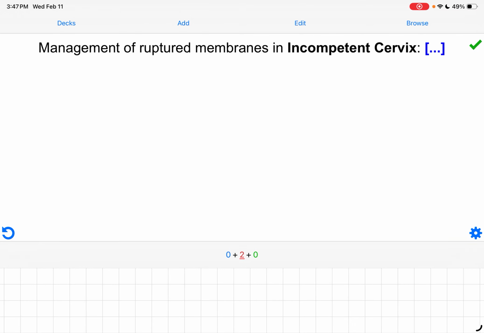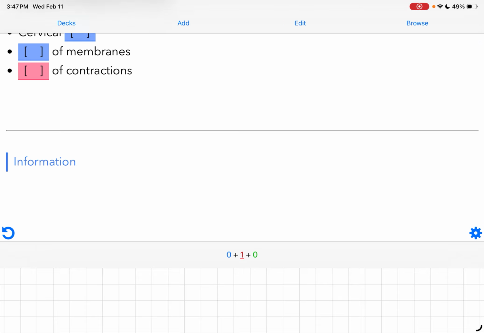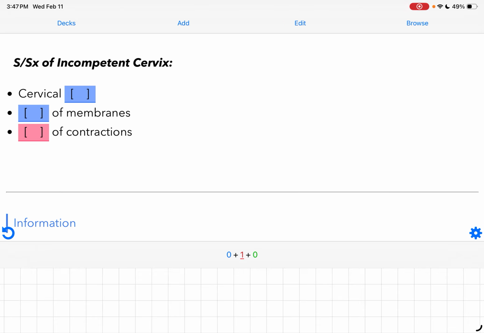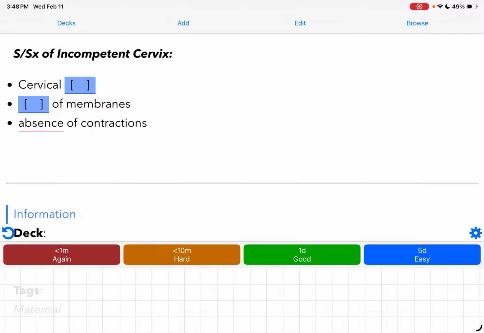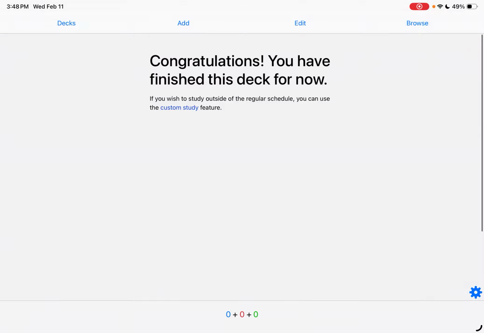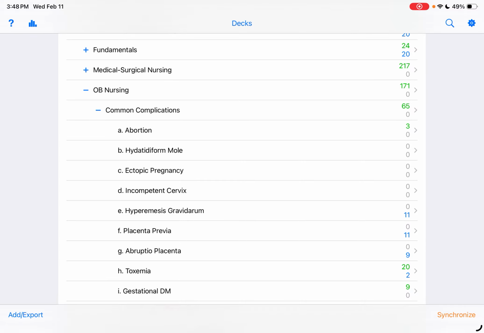Prolapse of membranes. So for management of ruptured membranes, prepare for childbirth, and absence of contractions.